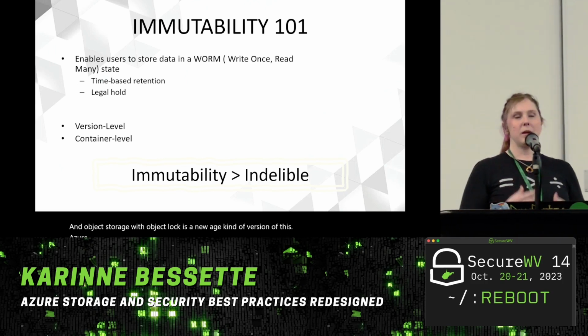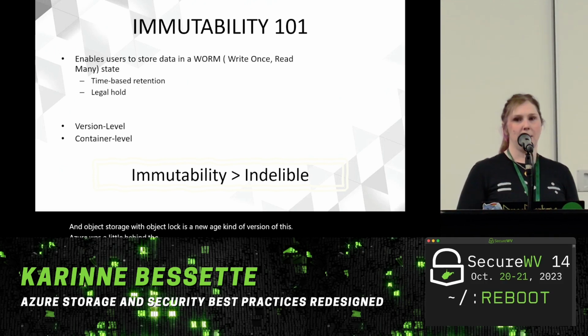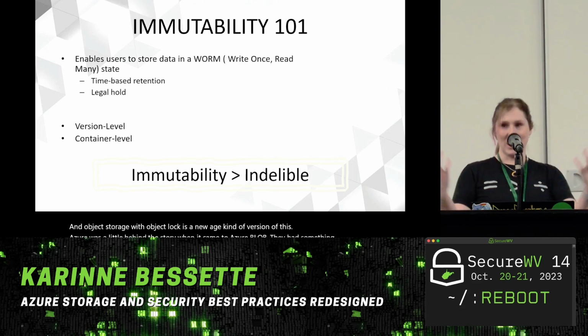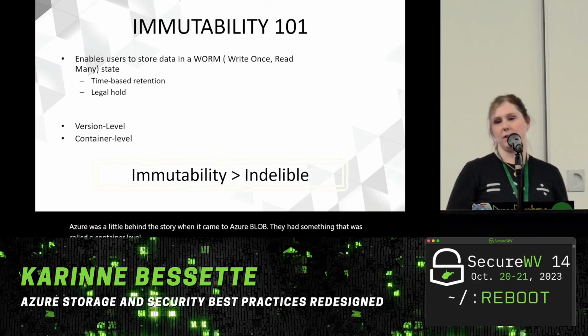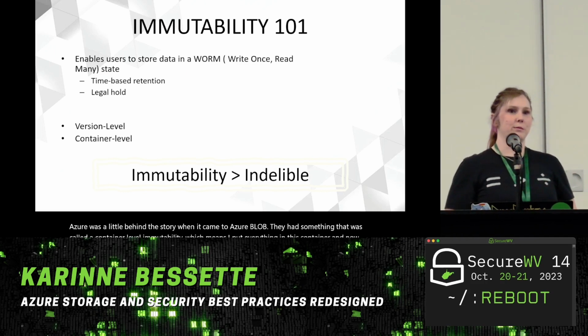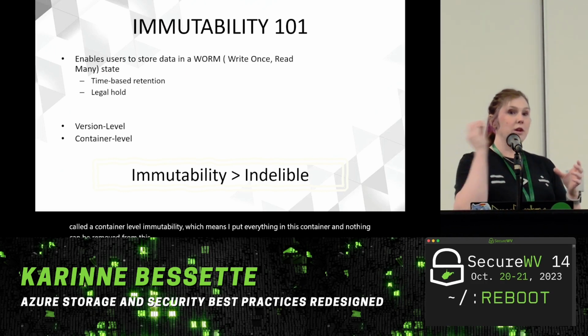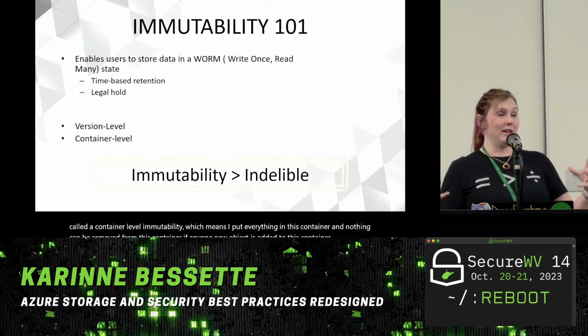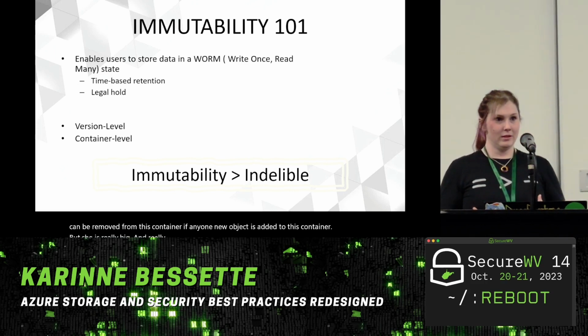Azure was a little behind the story when it came to Azure Blob. They had something called container level immutability, which means I put everything in this container and nothing can be removed from this container if any one new object is added to this container, which gets really big and really bloated.